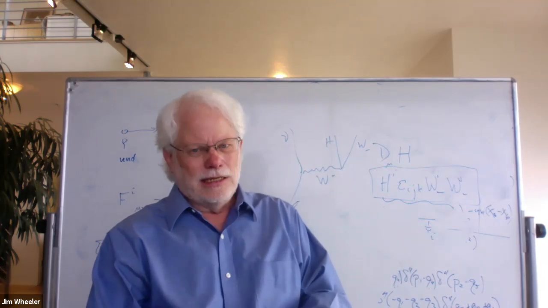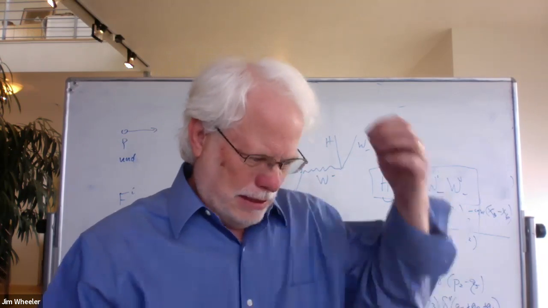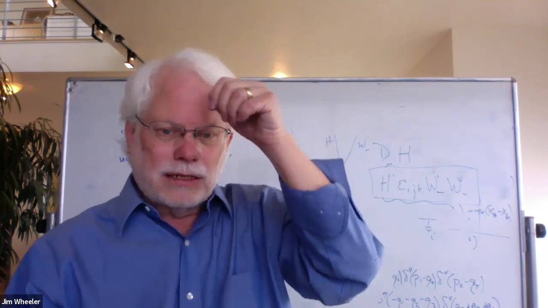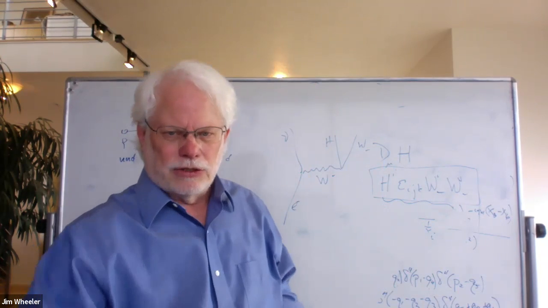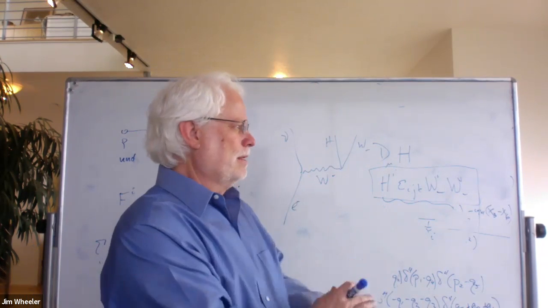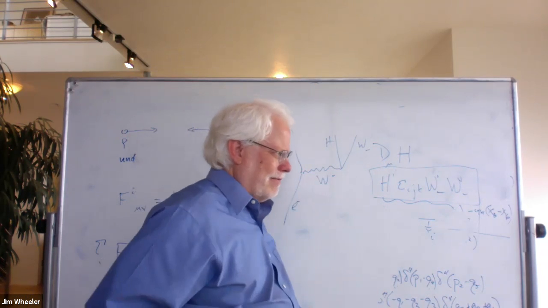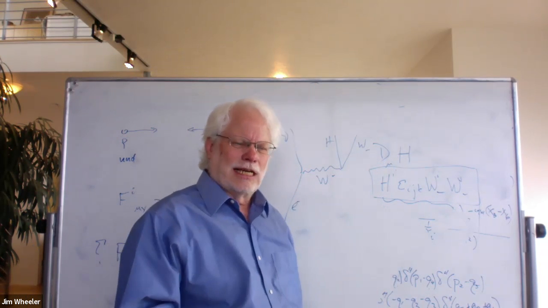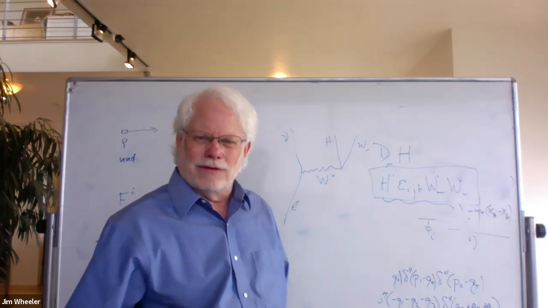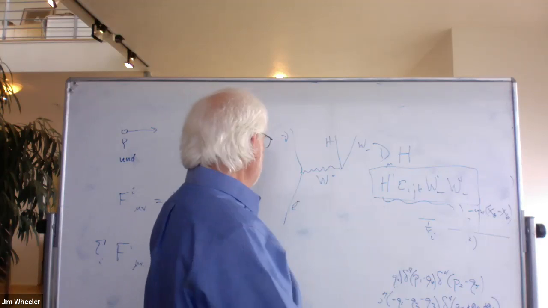Now, any quark or lepton can emit a W. It's a weak interaction. Happens at a time scale of 10 to the minus 11, 10 to the minus 13 seconds, much slower than strong interactions.